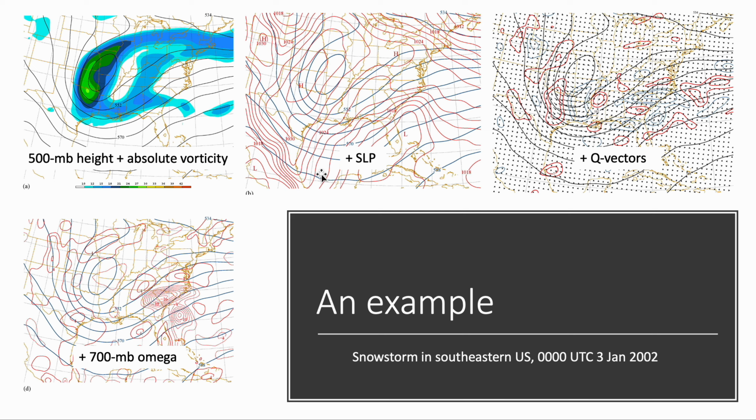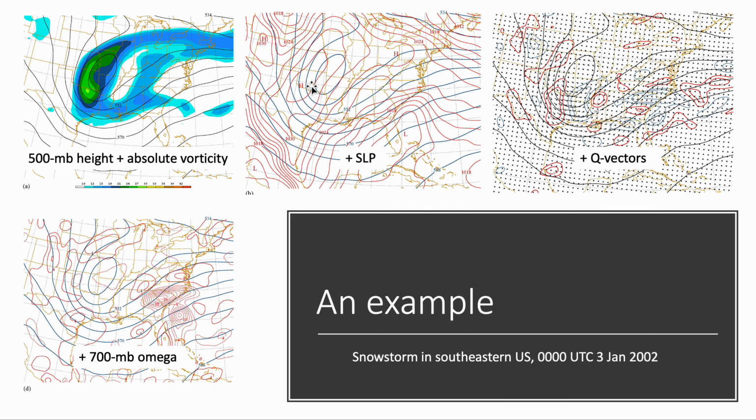And now we look at this plot over here and notice that this area here where you have the cyclonic vorticity advection, it has a high at the surface. And so for what we know about geostrophic motions, we're expecting cold advection over eastern Texas, okay?